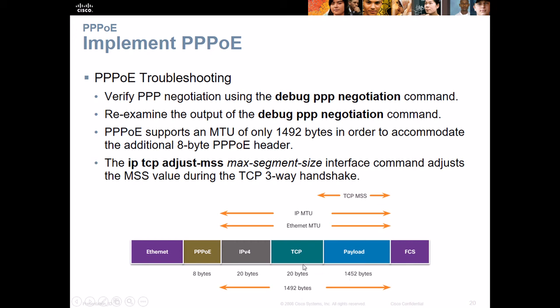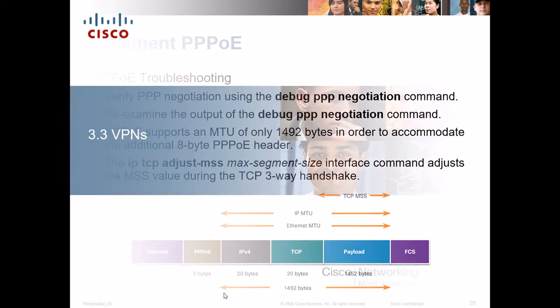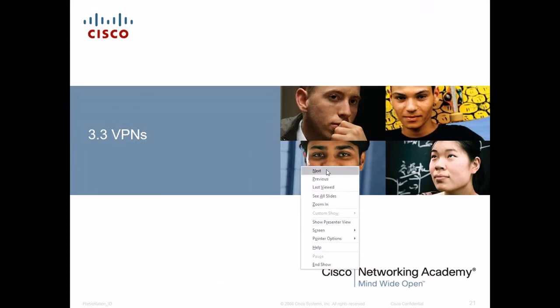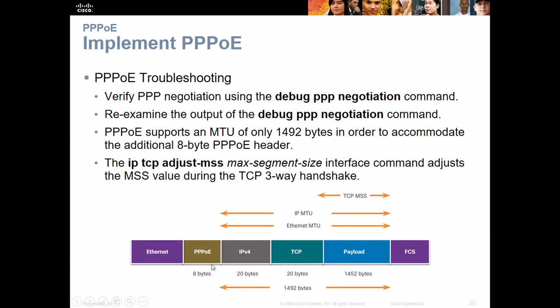You add the TCP header, the IPv4 header, and here is your PPP over Ethernet header. This whole thing is now your packet, surrounded by the Ethernet frame. So it transfers on the Ethernet wire, but it has a PPPoE header in the packet itself.